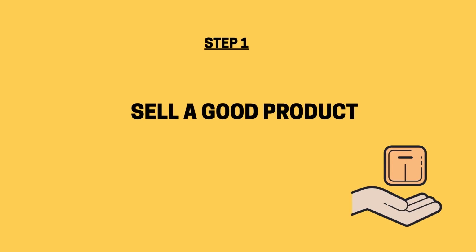With that being said, step number 1, sell a good product. What do I mean by that? Do I mean that you need to create a product, invent a product, and put all your investment in creating a very unique product? No, not really. Because when you do your product research, you're going to find a product that you want to sell.